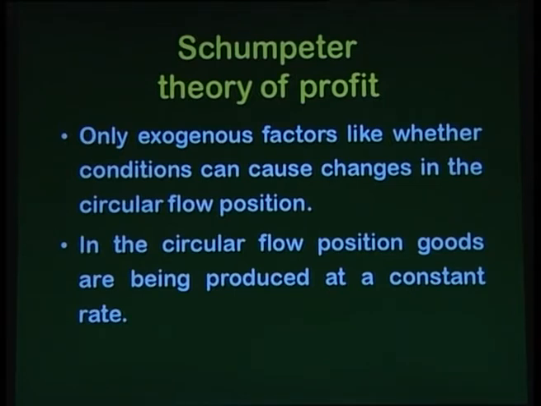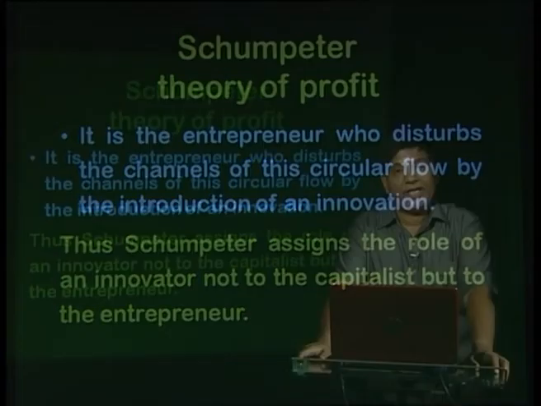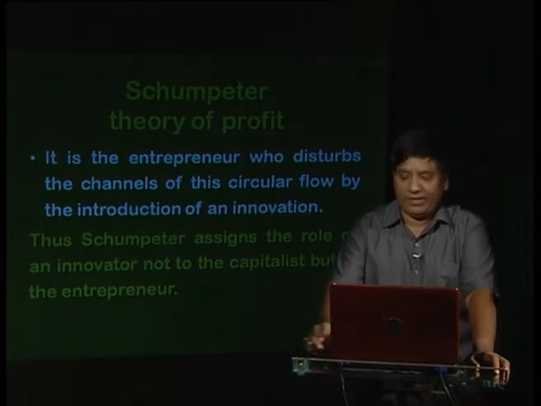In the circular flow position, goods are being produced at a constant rate. It is the basic function of the entrepreneur who disturbs the channels of this circular flow by the introduction of an innovation. So, we have seen that Schumpeter has assigned a greater role to innovation, and basically the entrepreneur should act as the innovator, not as the capitalist.